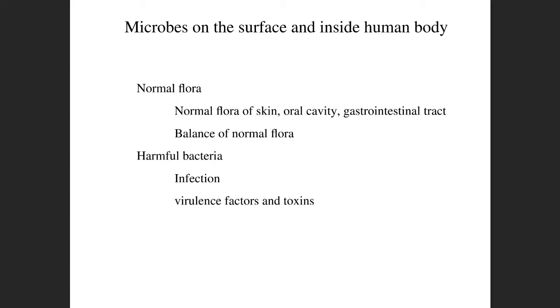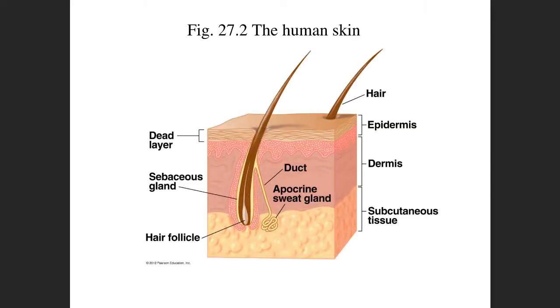All right. So when we think about normal flora, those are normally on the skin, oral, and gastrointestinal tract. And so we want to talk about the balance. We first talk about the skin. And the skin, as I said last lecture, is actually a very tough protective layer for us.